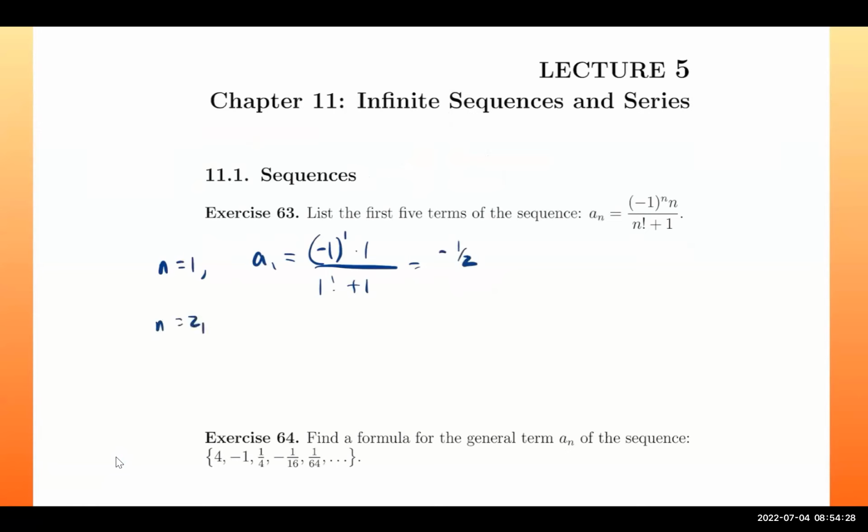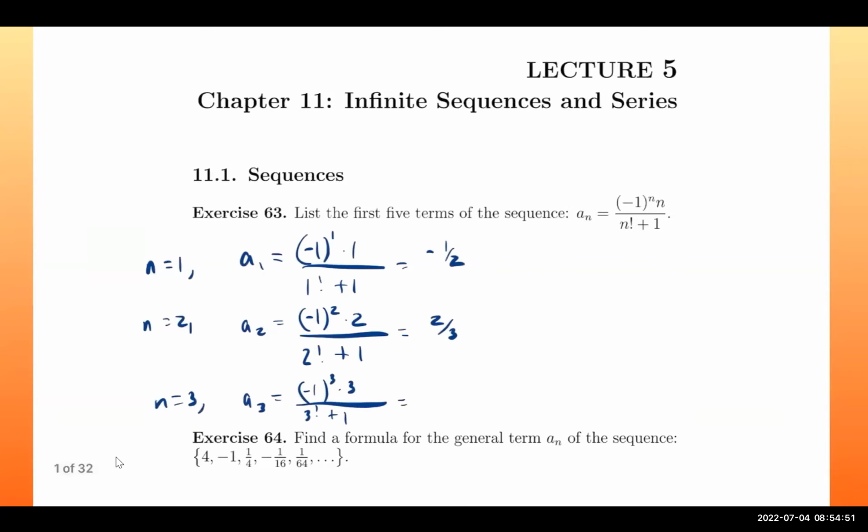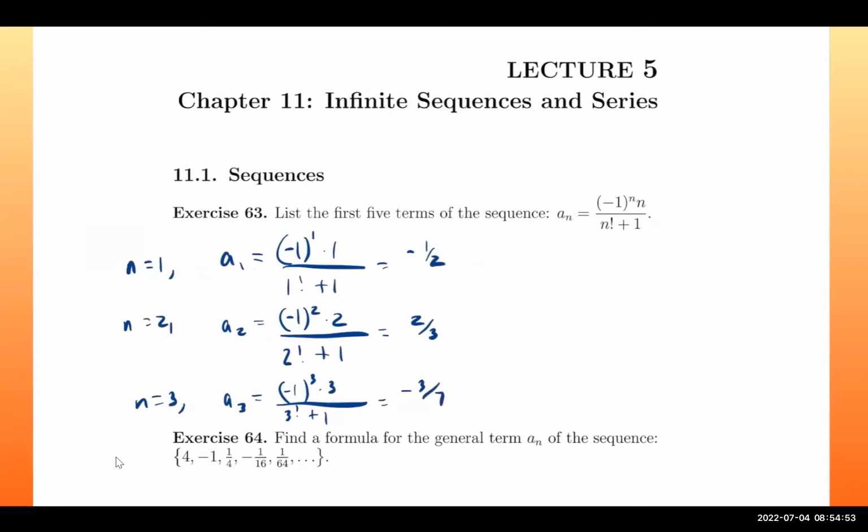For n equals 2, same thing. You should get 2/3. N equals 3. Should get negative 3/7. N equals 4.